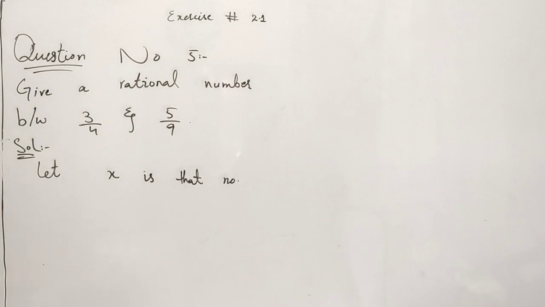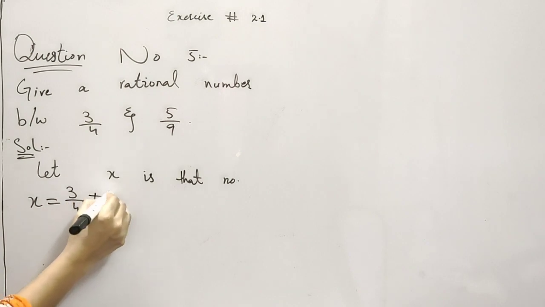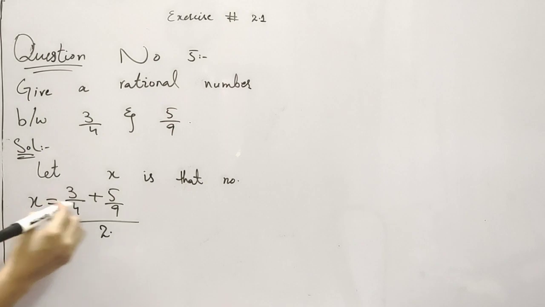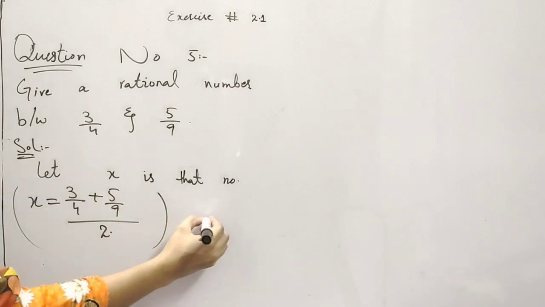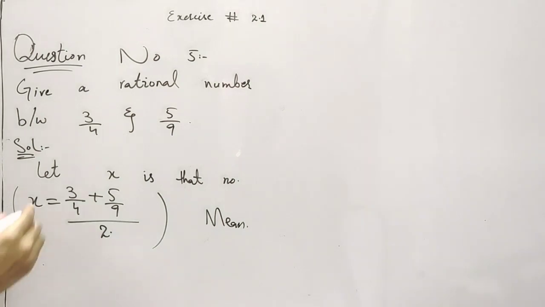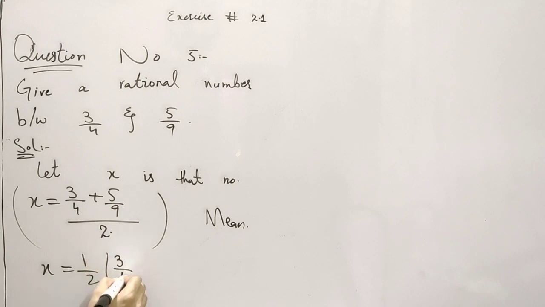So the required number x will be equal to 3 by 4 plus 5 by 9 divided by 2. It's the mean formula. So x will be equal to 1 by 2 into 3 by 4 plus 5 by 9.